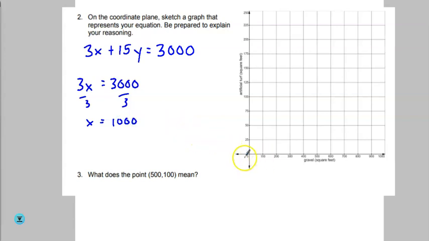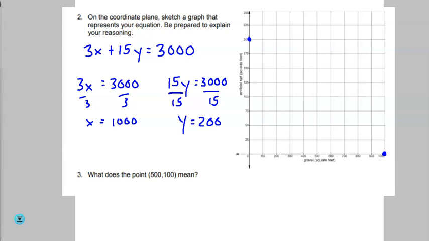So I know the x-intercept down here is going to be 1,000. Same thing, if I zero out the x or forget about the x part, the y-intercept, 15y, would equal 3,000. This time divide by 15, and y equals 200. I know my y-intercept is up here at 200.